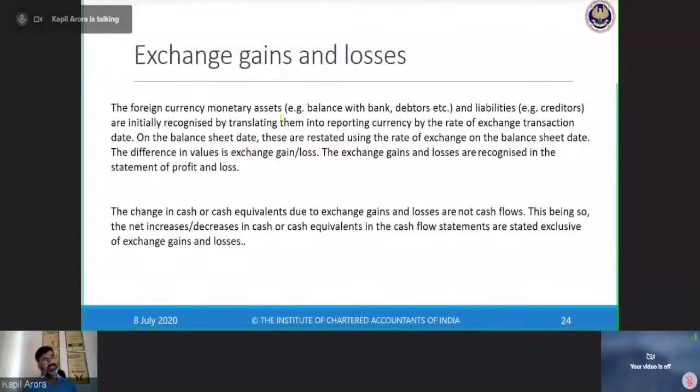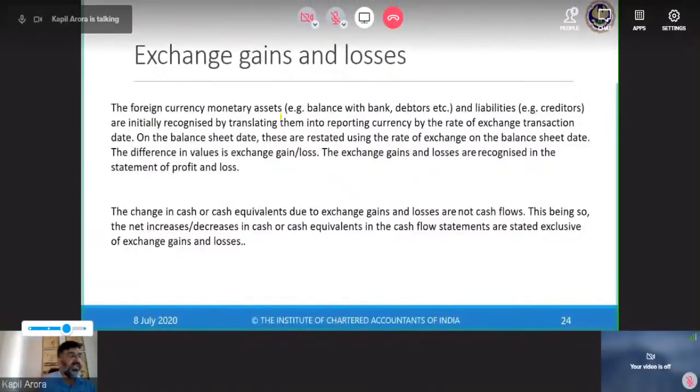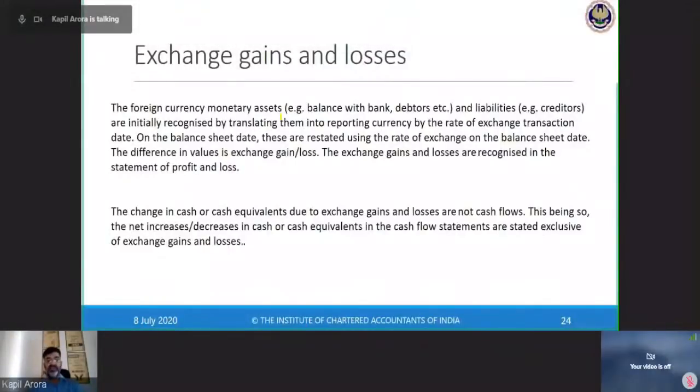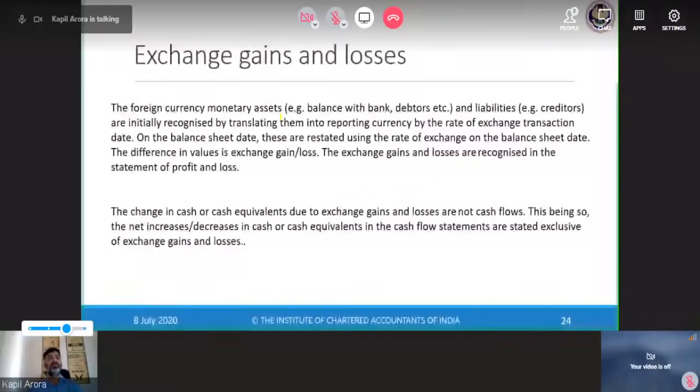So foreign currency means any monetary item which we may have, for example, something which will be received in dollars. Now I am supposed to get $10,000.